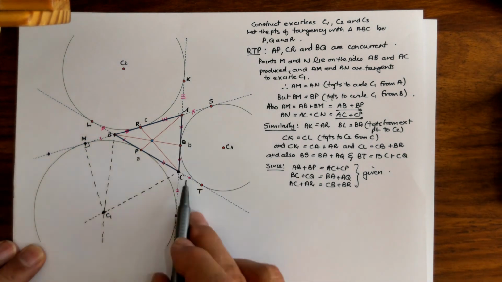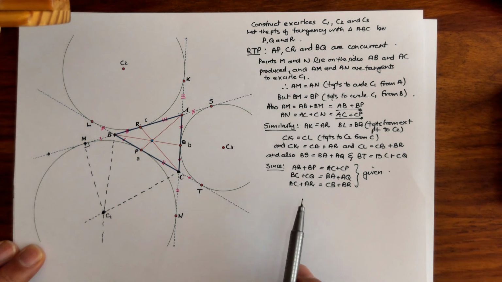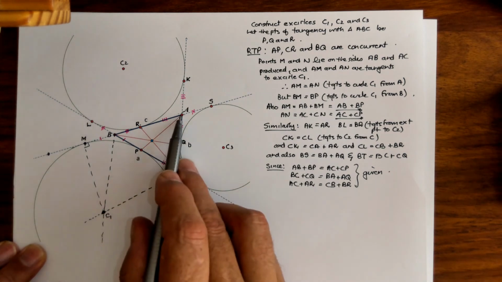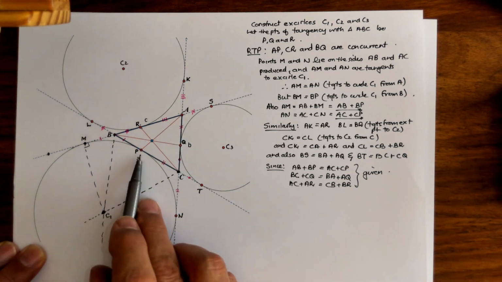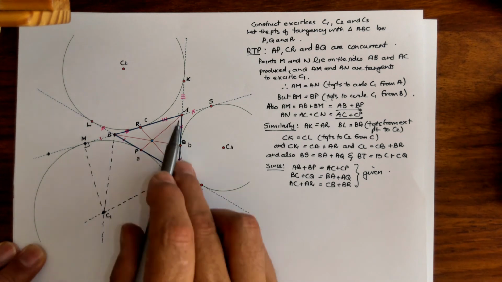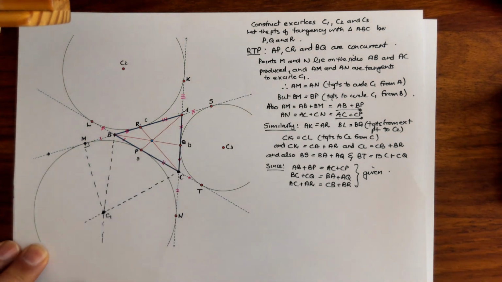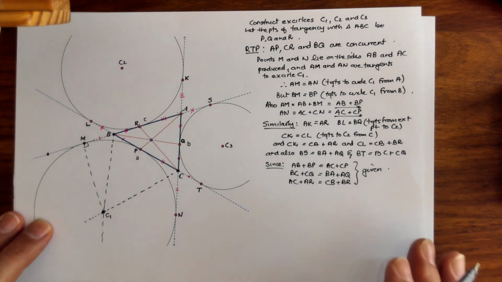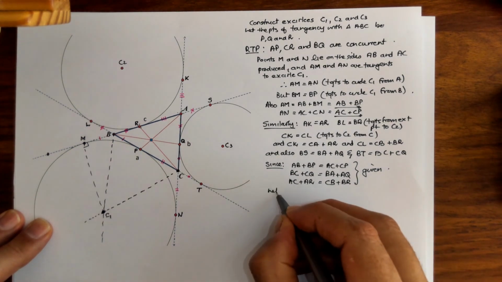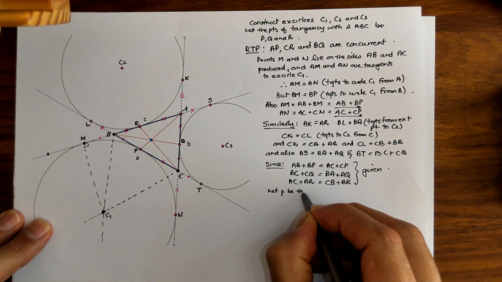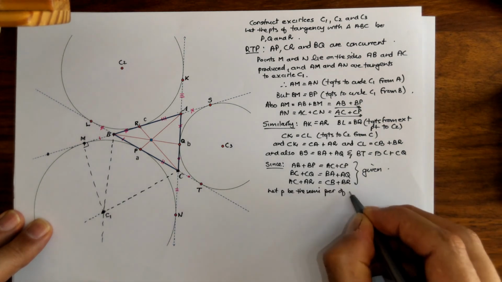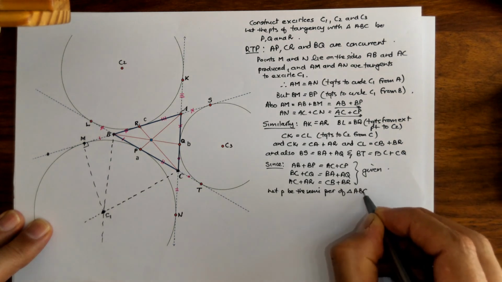Okay, so together, these things form the semi-perimeters. So if this part is equal to that part, then this journey is just as long as that journey, which means it's equal to a semi-perimeter of this particular triangle. Okay, so we're going to say let P be the semi-perimeter of triangle ABC.